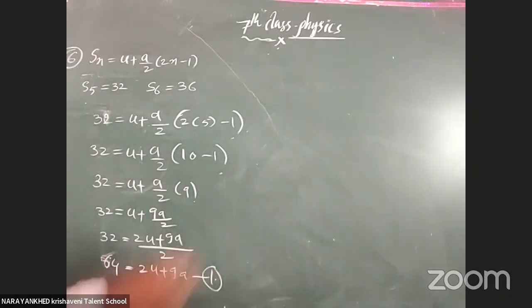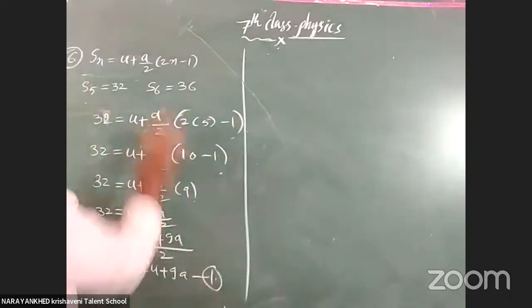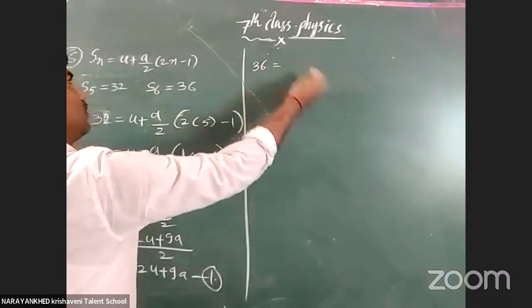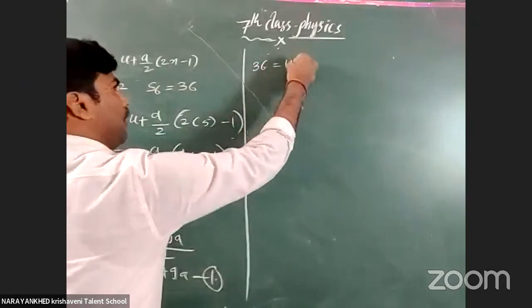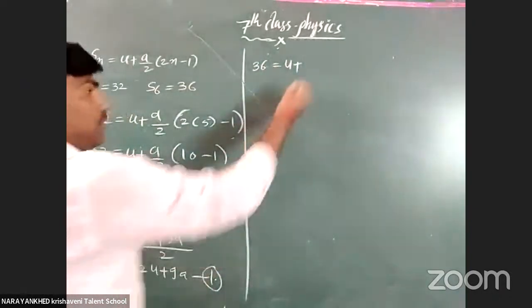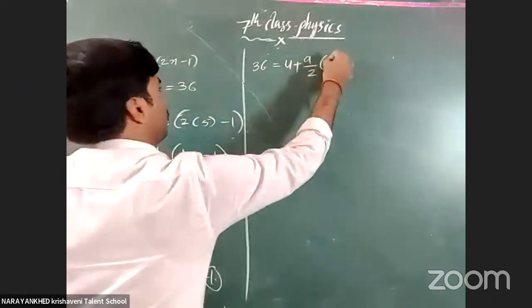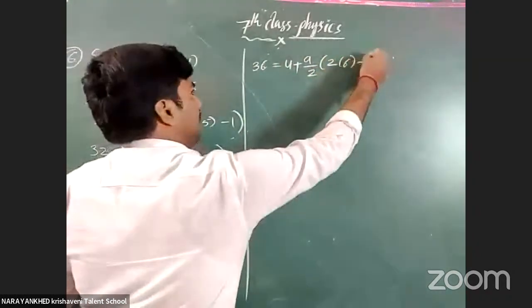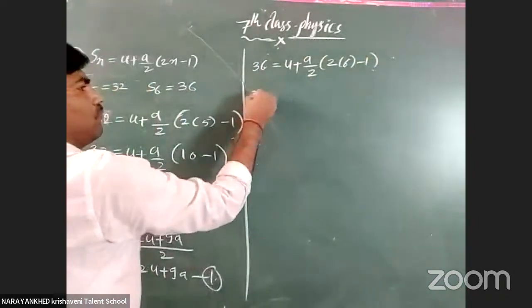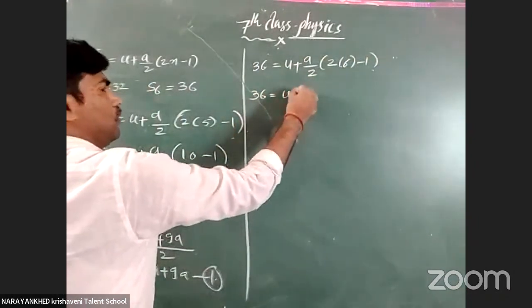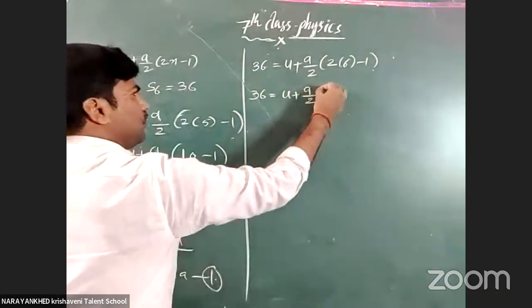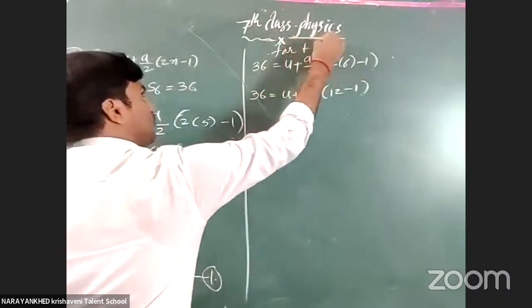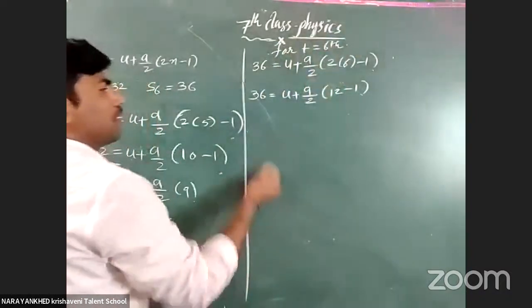Next, one more equation we get from S6: 36 is equal to u plus a by 2 into 2 into 6 minus 1. For S6, 36 is equal to u plus a by 2 into 12 minus 1, for t equal to 6 seconds.